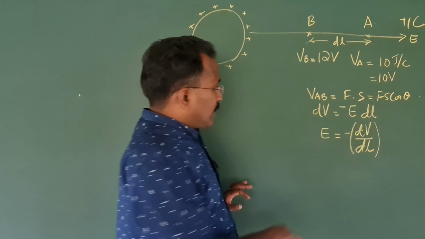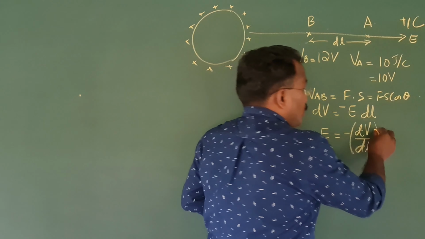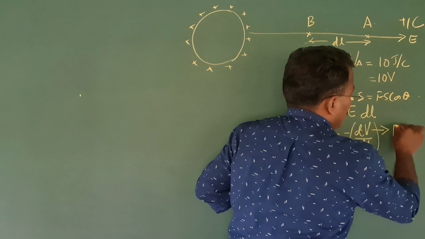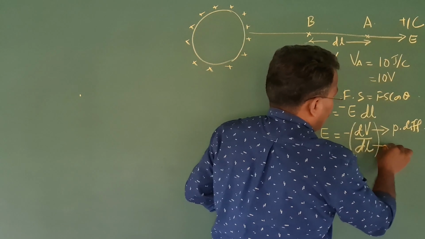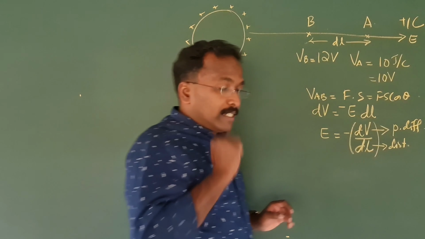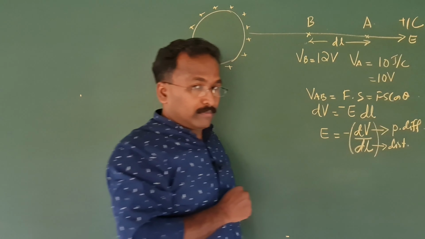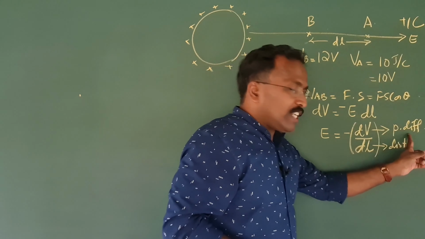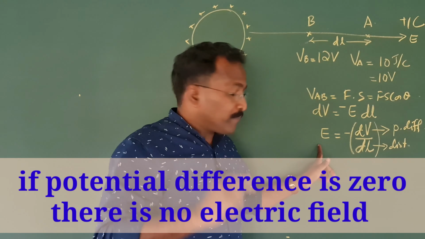You see this. dV, you should write what is dV. dV is potential difference. Okay. dl is the small distance. If dV is 0, E is 0. What's that? If potential difference is 0, there is no electric field. Okay.